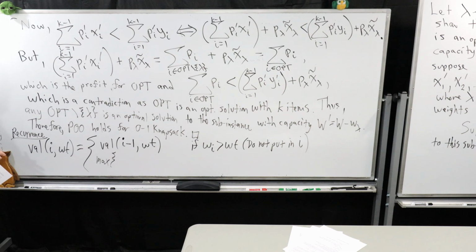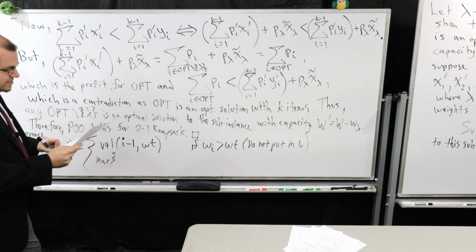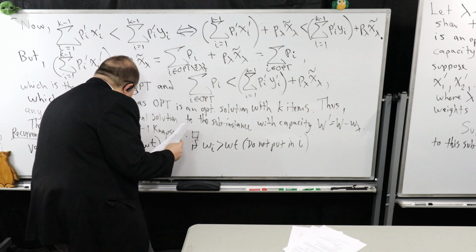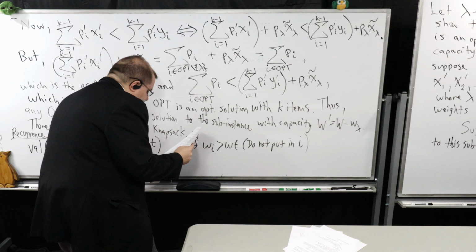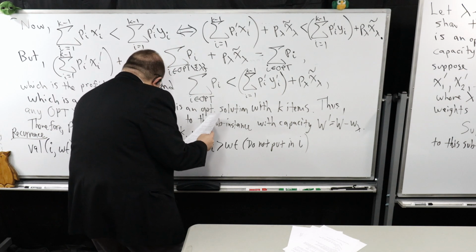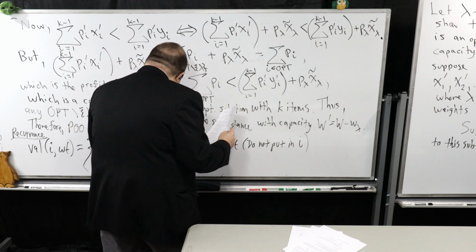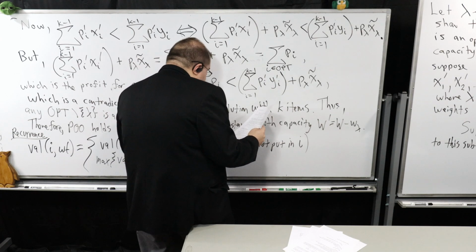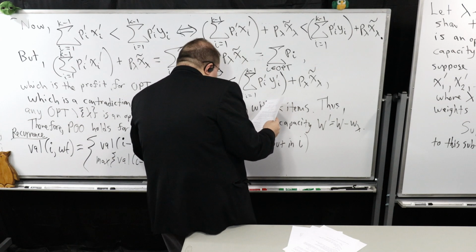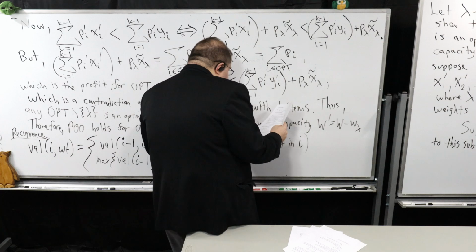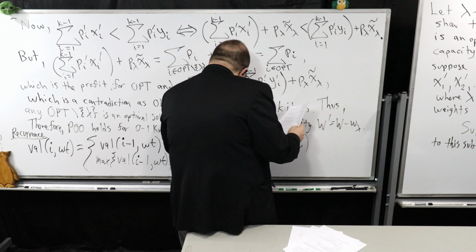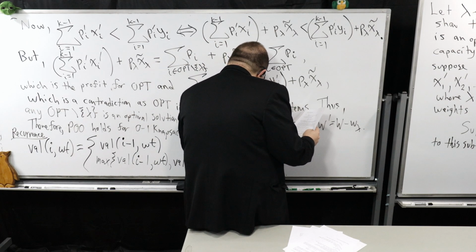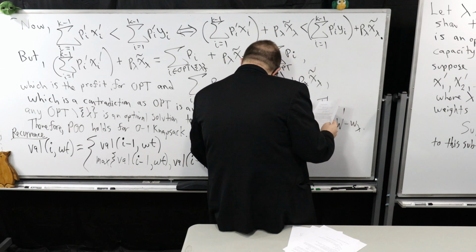So your choices either are don't put the item in or put it in. And you take the better of those 2 answers. So this is just simply where you find out that, oh yeah, not putting item I in is better. Or you have it where you put in item I. And something in this second one should remind you of the proof.